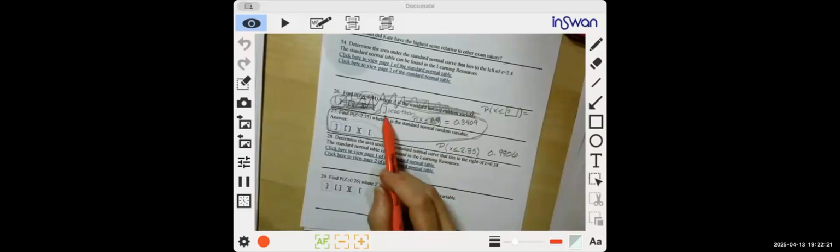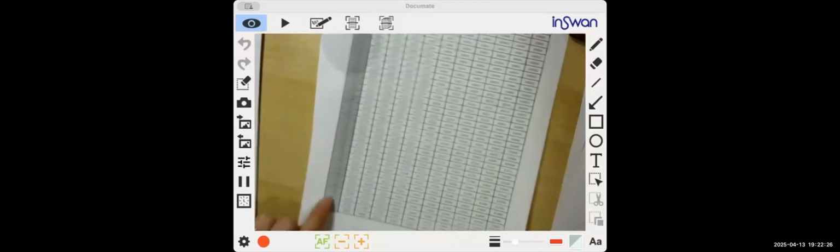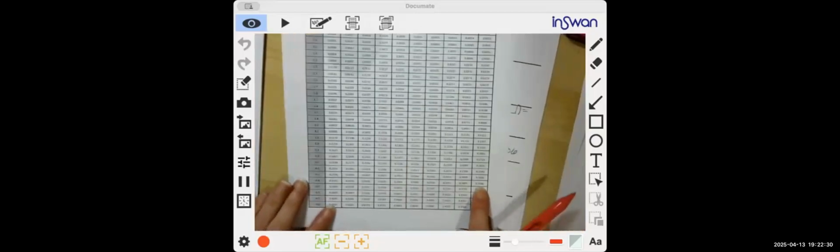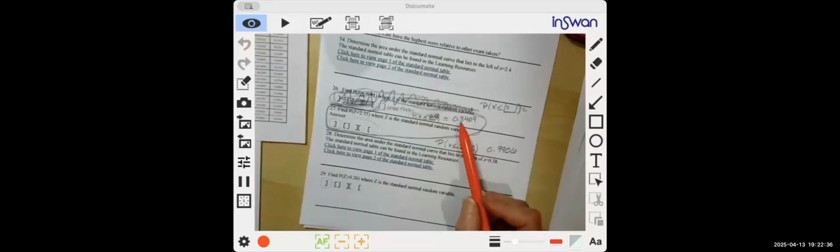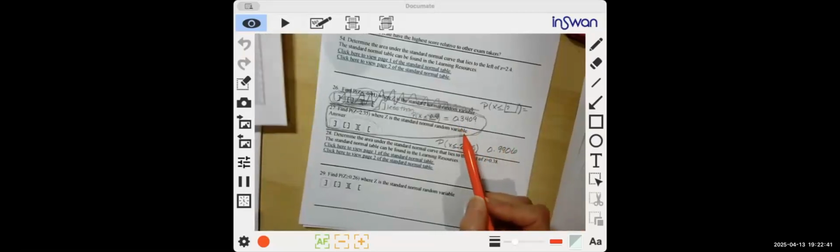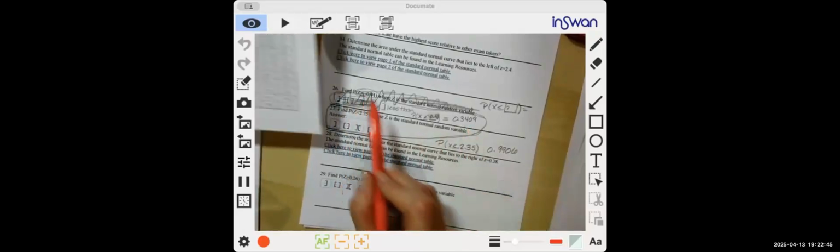If we did it in the Z table, negative 0.41, negative 0.41. I don't know if you can read that, it's very tiny there. 0.3446. Wait, oh no, 0.041.